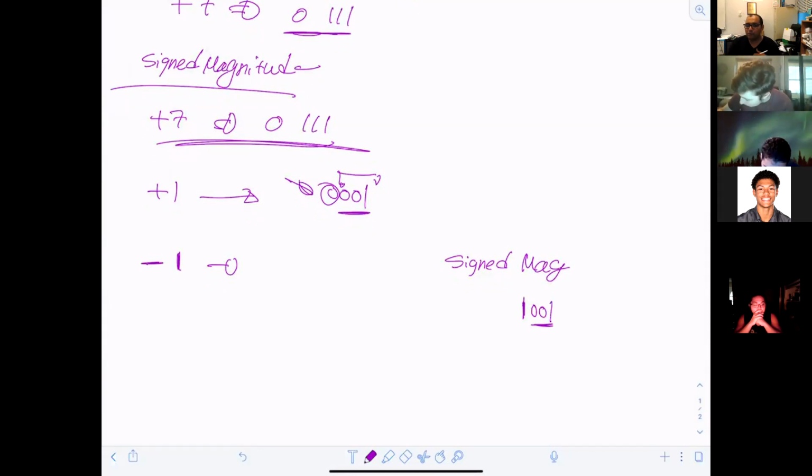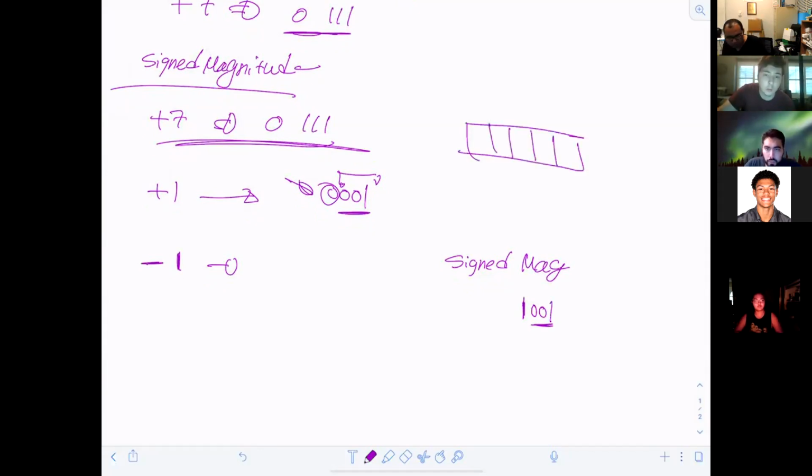For the people for whom it's the first day attending the course, I need to remind them of something. The most significant bit is representing the sign. To be more specific, imagine that you have multiple digits like this.